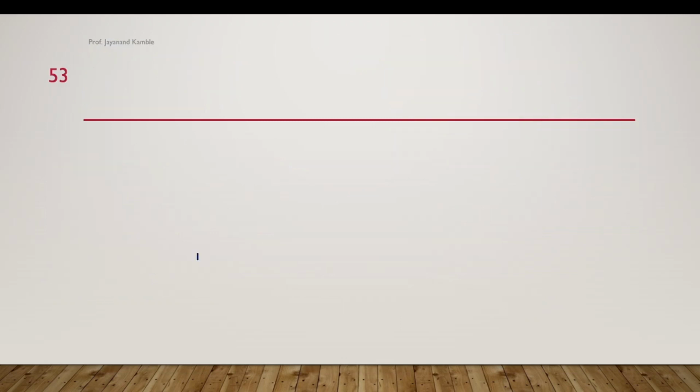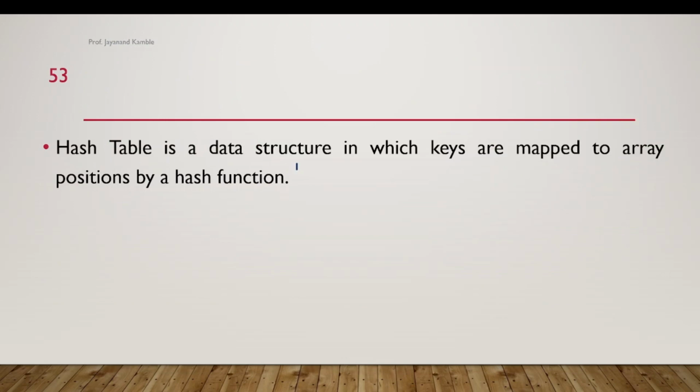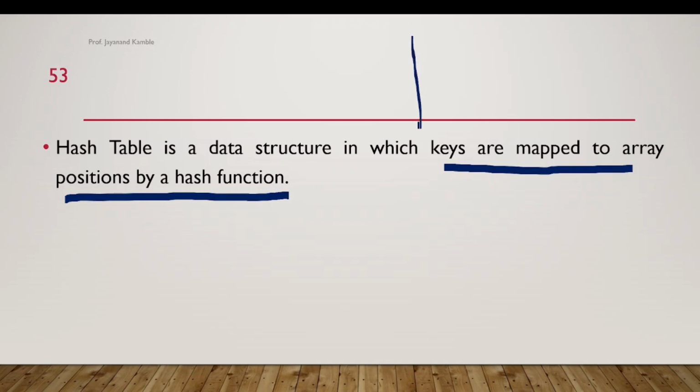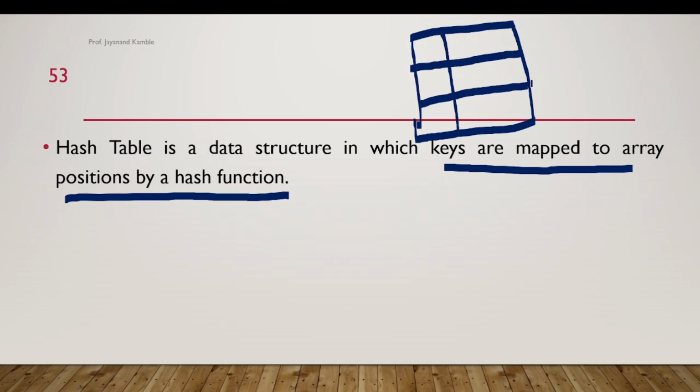So hash table is a data structure in which keys are mapped to array positions by hash functions. So what basically we have in a hash table? In hash table we have the index column and then value column. Whenever we want to store any value into the hash table, first we are going to calculate some value. That value will be used as an index into the hash table.